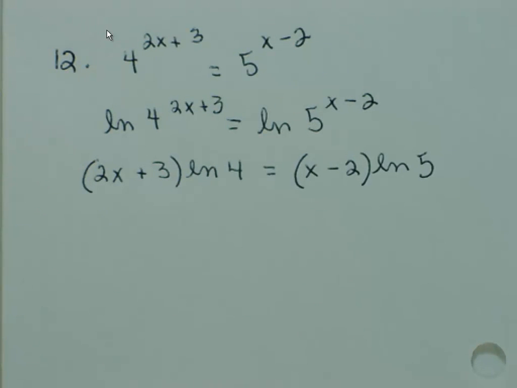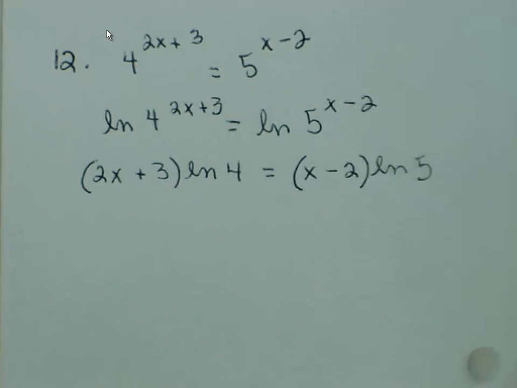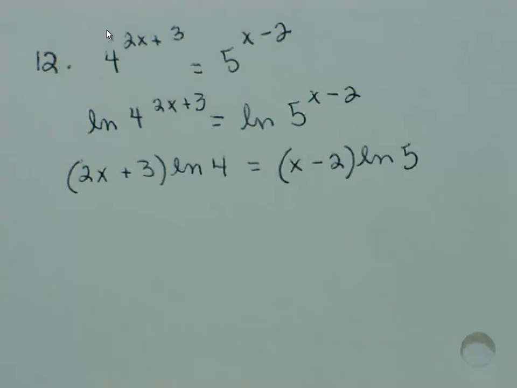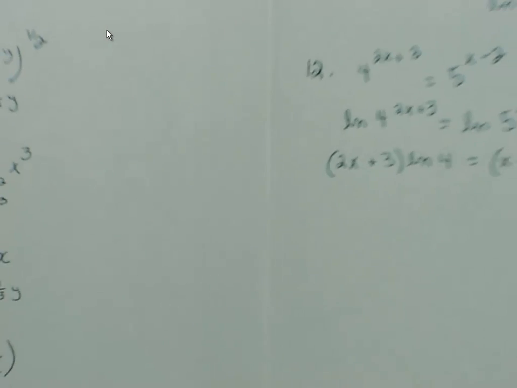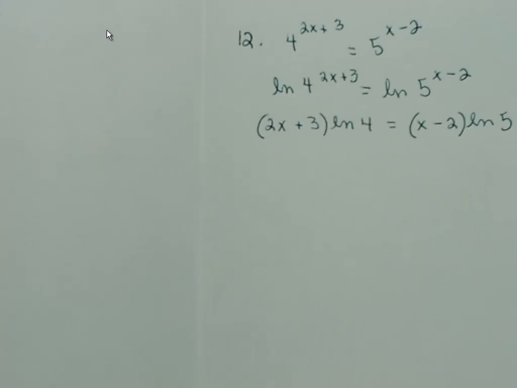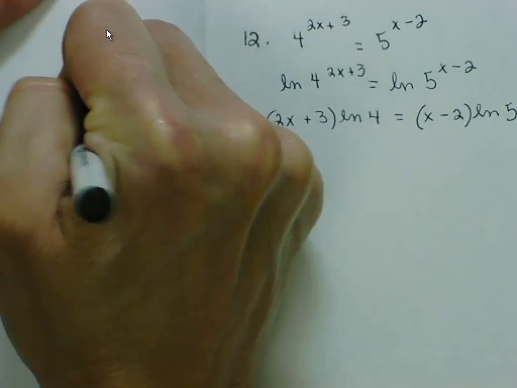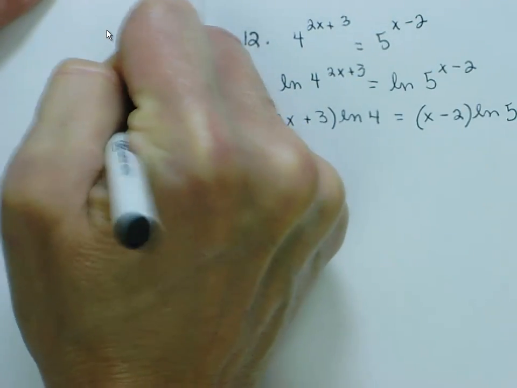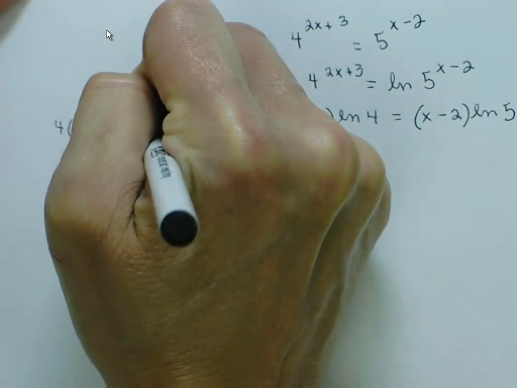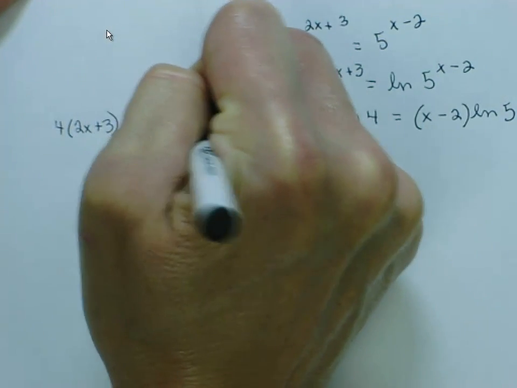That would be legal. I'm not certain that that would be helpful. Let me show you what to compare that to and convince you that the rules aren't changing just because the problem's uglier now. What that is just like would be the much simpler looking equation: 4 times (2x plus 3) equals 5 times (x minus 2).